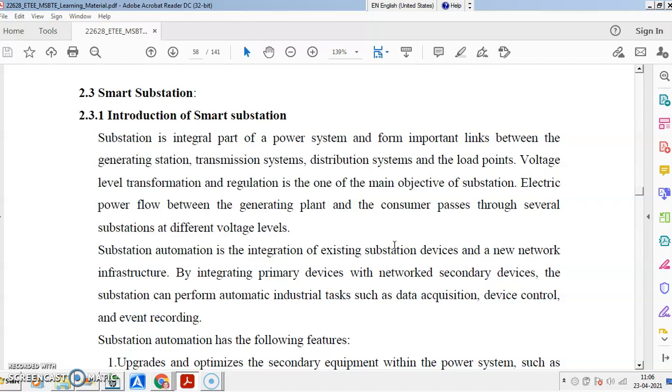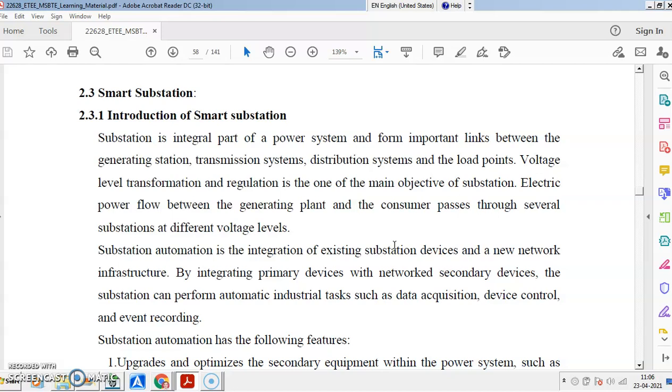So the substation is an integral part of the power system, as we know. It links the generating station with the transmission system, the distribution system and the load points. The voltage level at the transmission level and at the distribution level are different. Electrical power flows from the generating power plant to the consumer through several substations, as we have discussed.